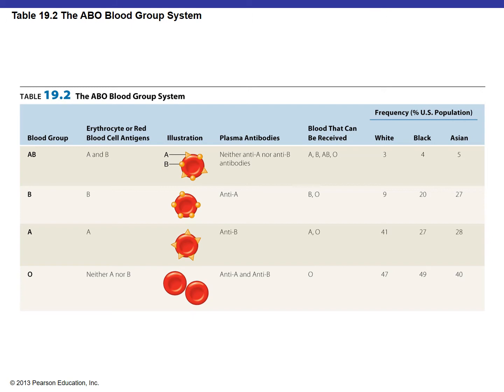If you are blood type B, you have B antigen on the surface of your red blood cells. If you are blood type AB, you have both A and B antigens on the surface of your red blood cells. And if you are type O, you have neither A or B on the surface of your red blood cells.